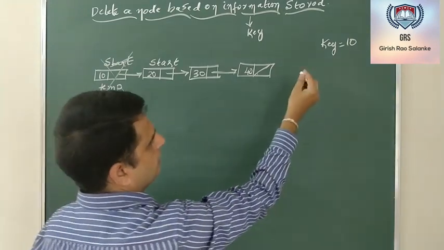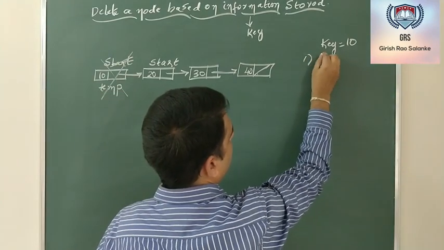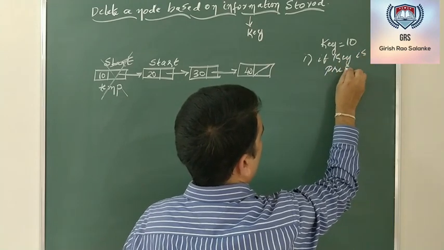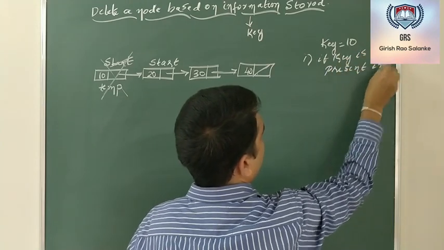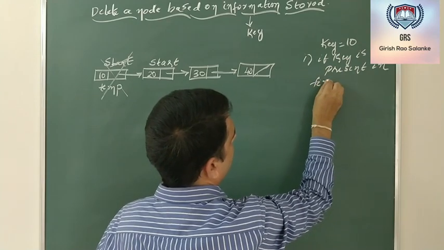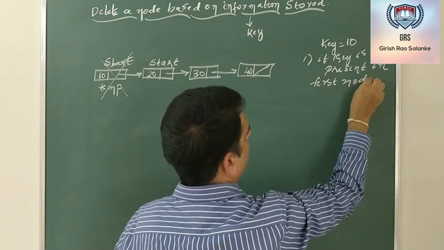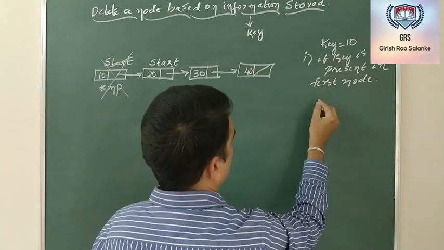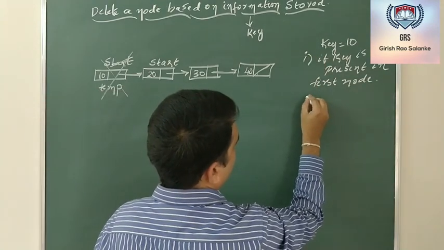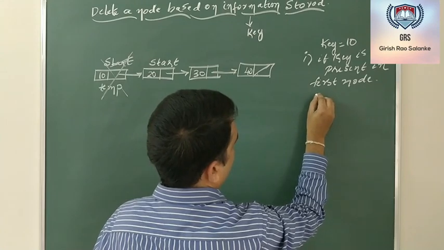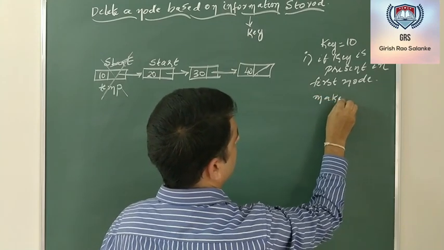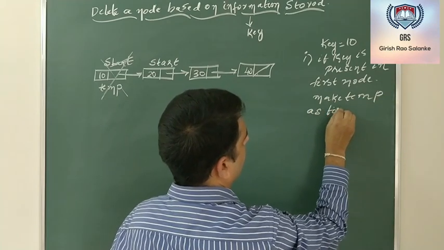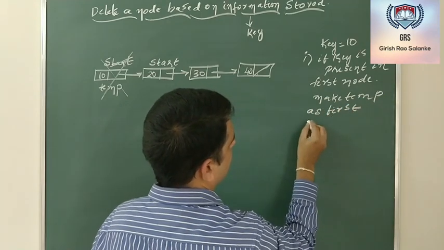So first case, I will assume that the key is present in the first node. If the key is present in the first node, what are we supposed to do? Just make temp the first node and change start.